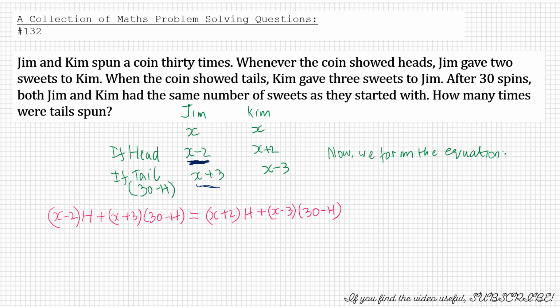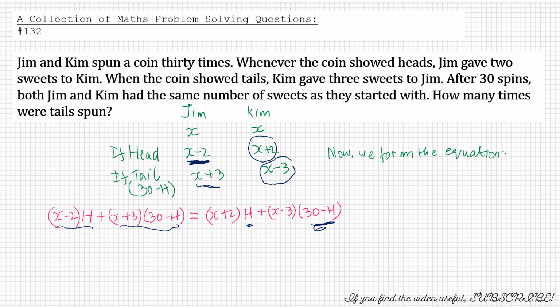So I have written X minus 2 times H plus X plus 3 times 30 minus H, and that equals, it would work the same way for Kim, only it would be X plus 2 times heads and X minus 3 times tails, being 30 minus H.